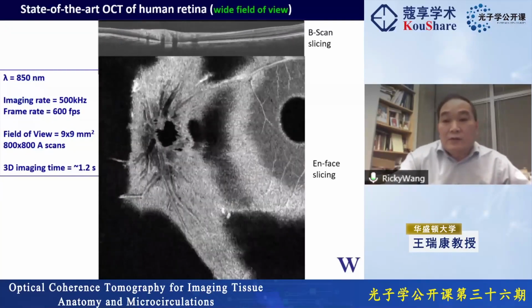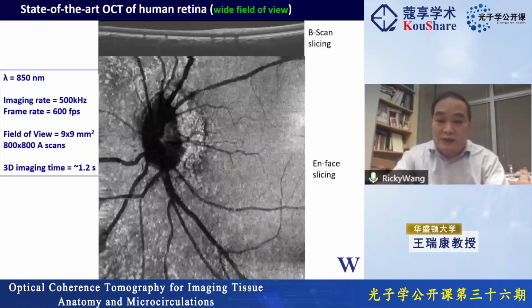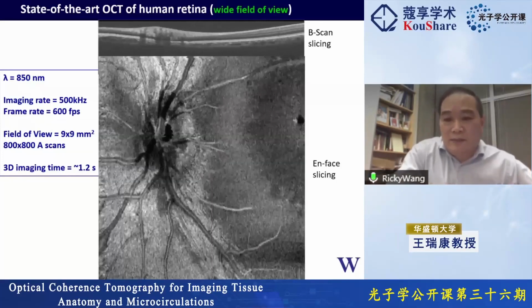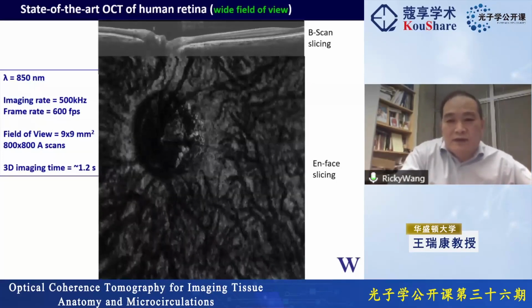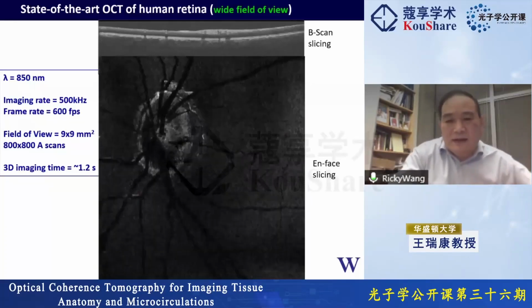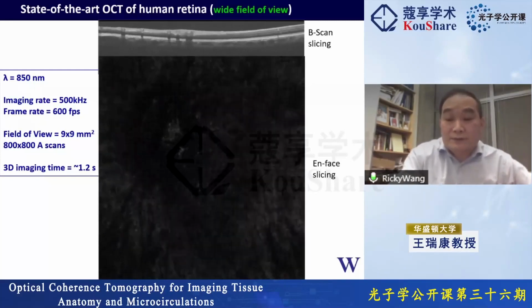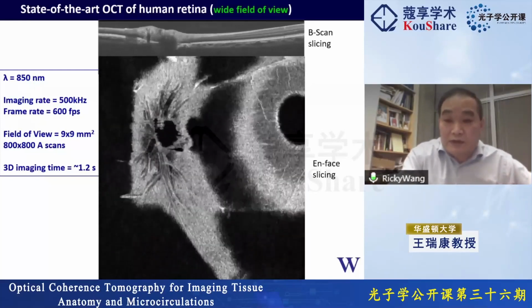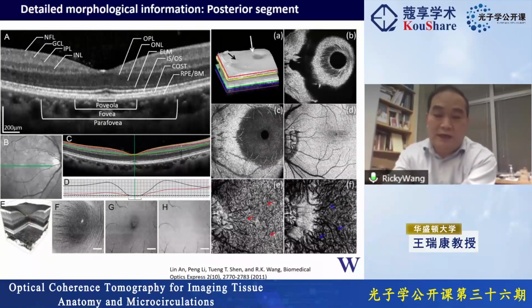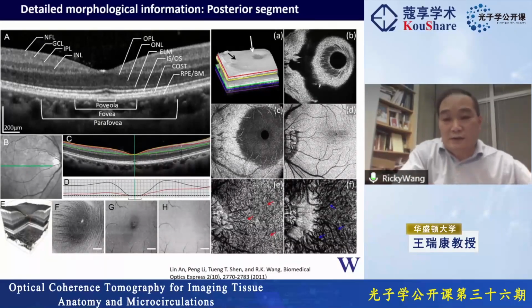Because we want to translate the OCT system to look at patients, and clinicians do not have time at all to look at 1 gigabyte of data, one of the most important research activities in this field is to reduce this 1 gigabyte of data into a couple of kilobytes of data, so that you can present it to the clinicians to do the diagnosis.